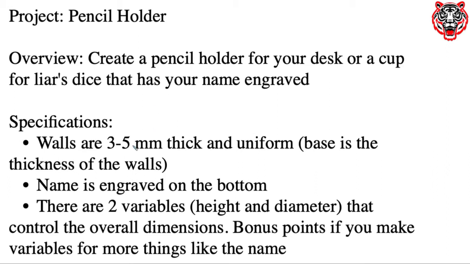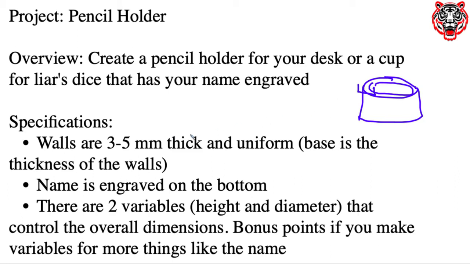The walls need to be 3 to 5 millimeters thick. So if I was actually drawing a diagram of the cup, a really bad diagram, this width right here, I don't know if you guys can see it very well, that width is going to be 3 to 5 millimeters. If you make it 7 millimeters or 1 millimeter, that's not okay. 1 millimeter will be too flimsy. 7 millimeters will waste filament.